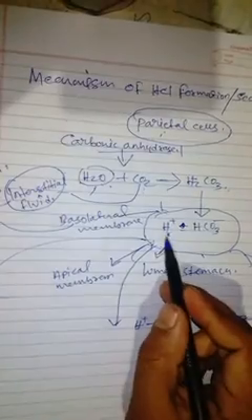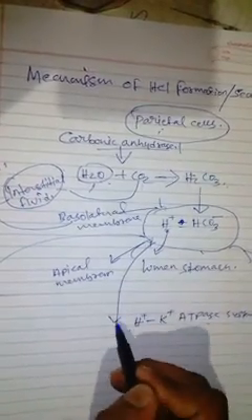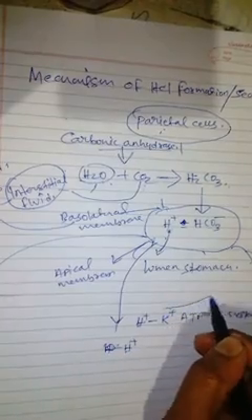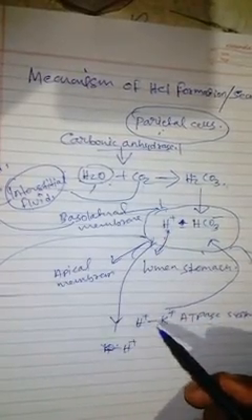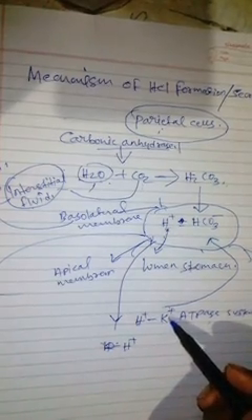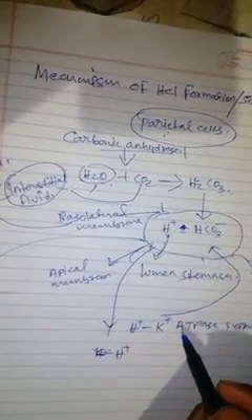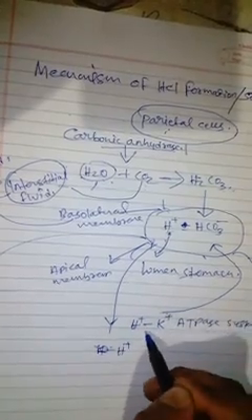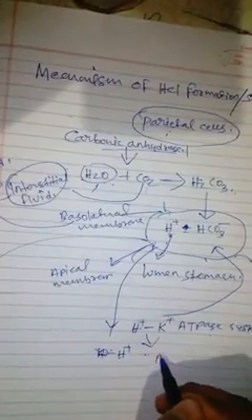Its function is to pump out one hydrogen in exchange of one potassium into the cell. So one hydrogen comes out of the cell into the lumen in exchange of one potassium ion that moves into the cell from the lumen. This process needs energy, which comes from the hydrolysis of ATP.